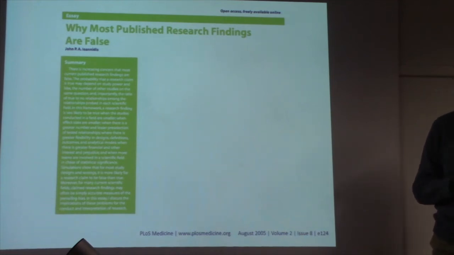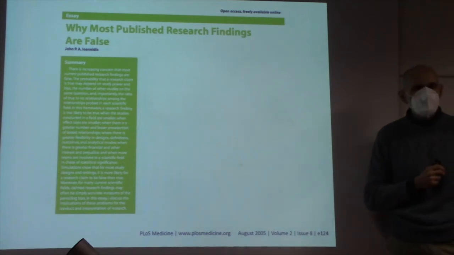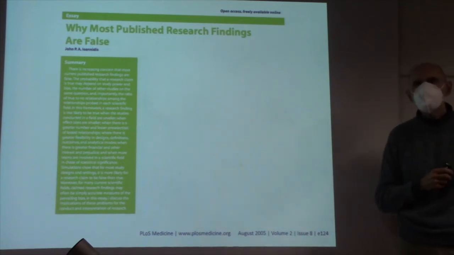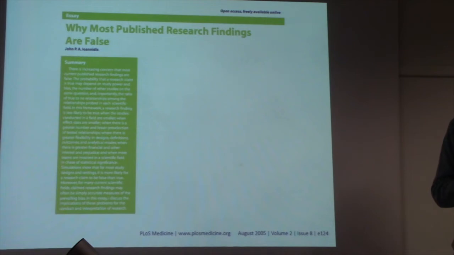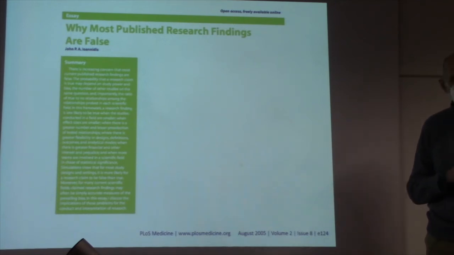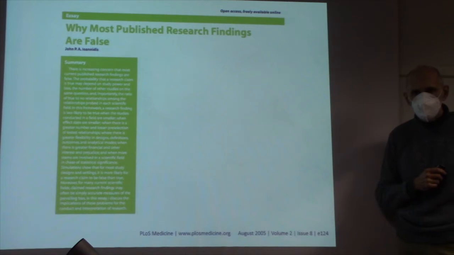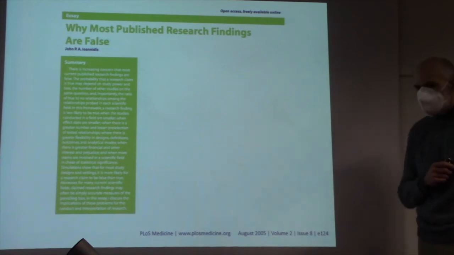So, the scientific community started to interrogate itself as to what they could do to improve the truth in their results, what they could do to ascertain whether the results were reliable, believable, or not.